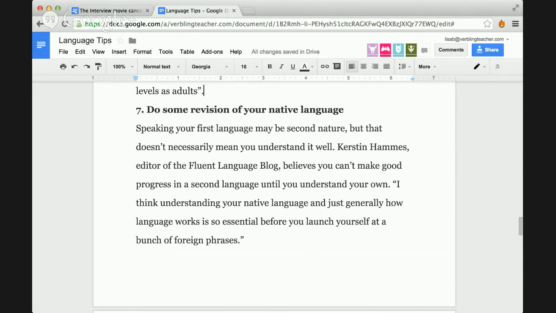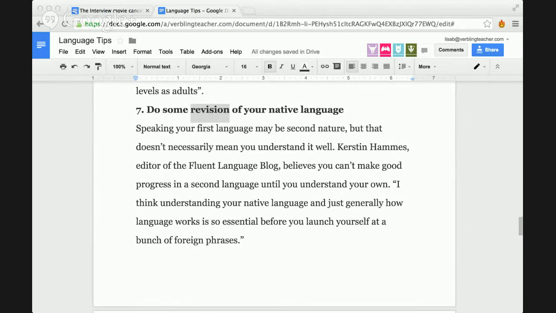So to do some revision, the verb to revise, means take a look again at something. A lot of times, a lot of people don't actually understand their own native language, how it works. Especially here in the United States, I would say probably at least from when I was a kid, the 70s and later, grammar has not necessarily been a very important subject.